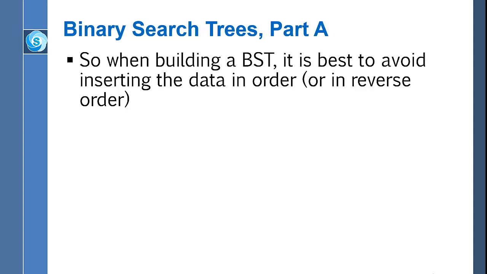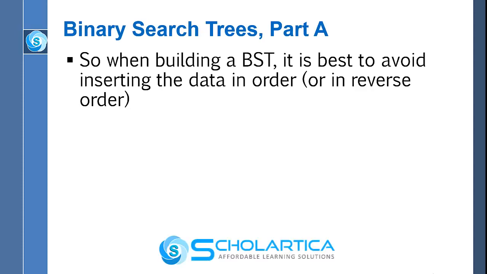If you want to maintain balance, it's best to insert randomly so as to avoid inserting things in the natural order. The natural order tends to linearize things and create an imbalance, whereas inserting in a random way, on average, tends to lead to a balanced binary search tree.